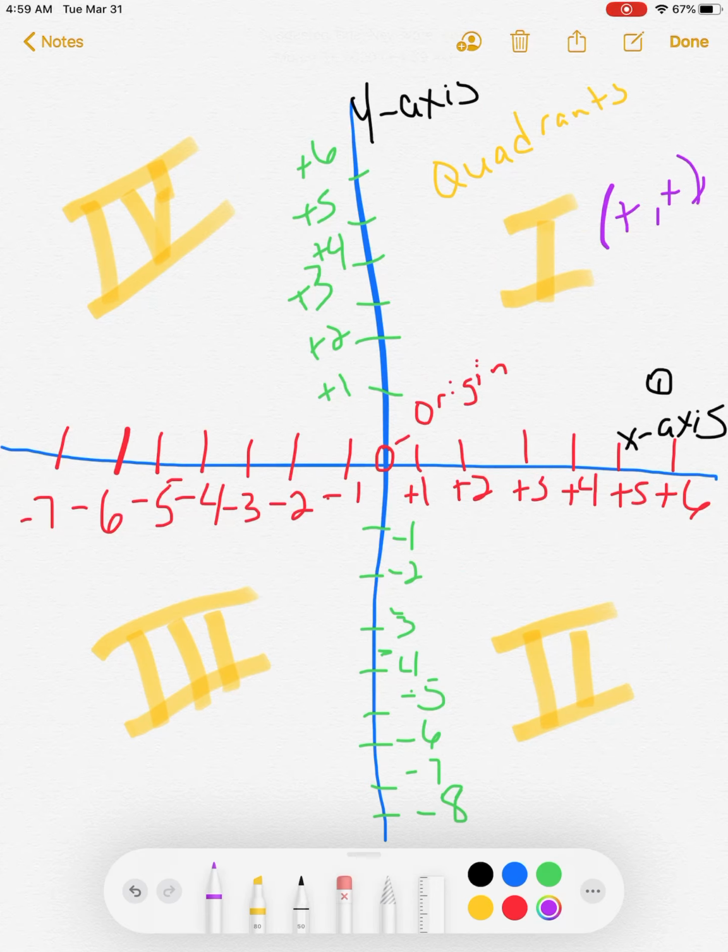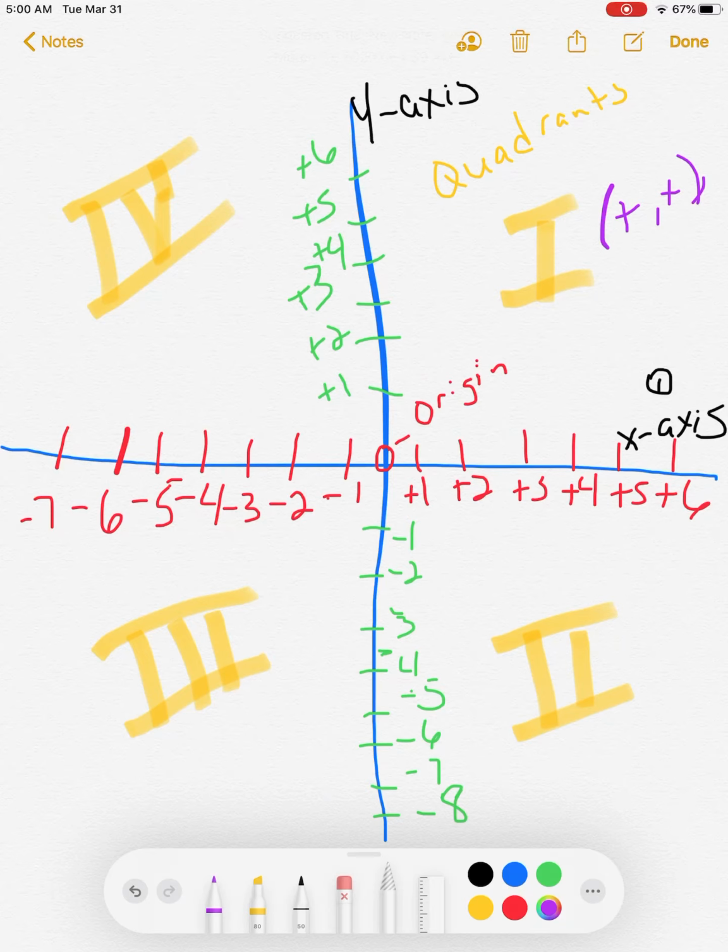Coordinate plotting points. Okay, because let me explain why. Everything on the x-axis in this quadrant has a positive integer, a positive number. Everything on the y-axis in this quadrant is a positive number, which means that every point plotted here will be a positive coordinate plot. Okay. All right, let's go to the next quadrant.